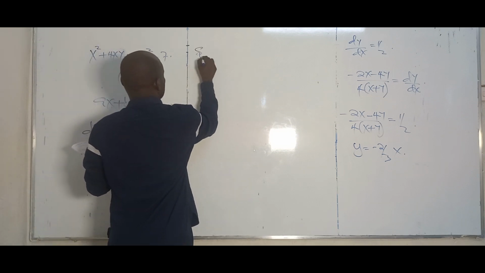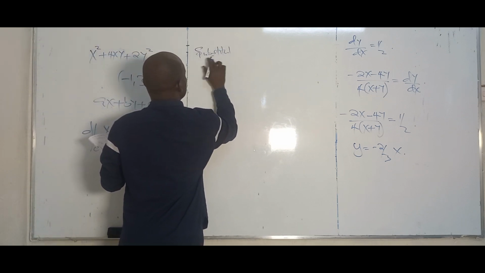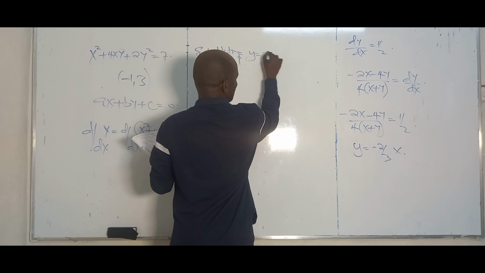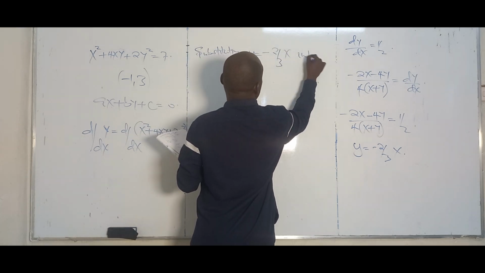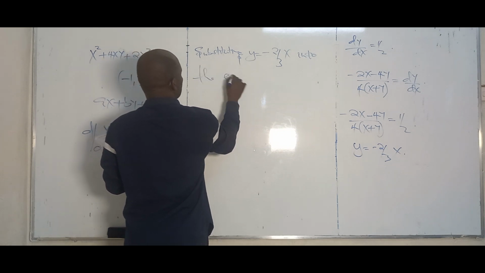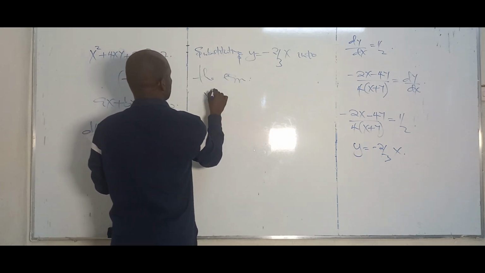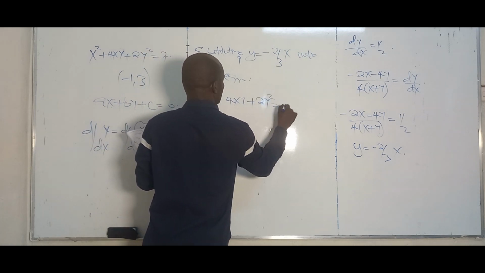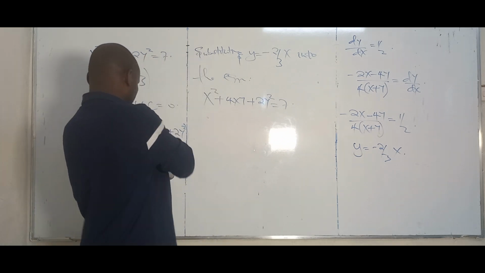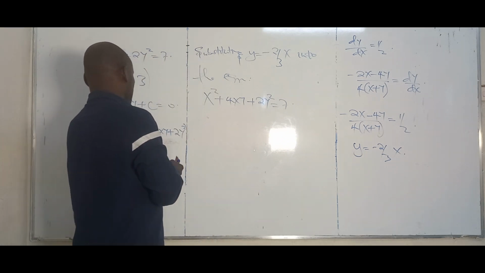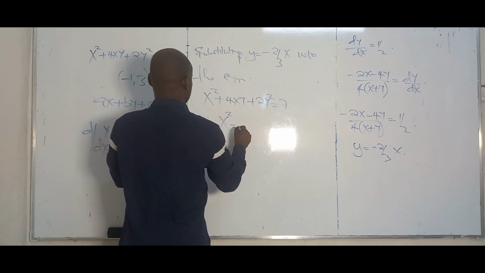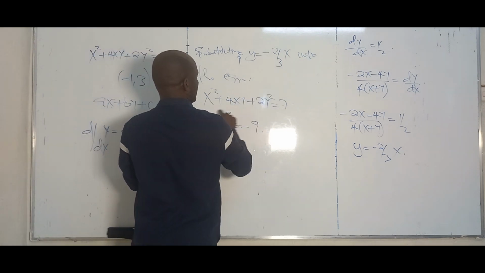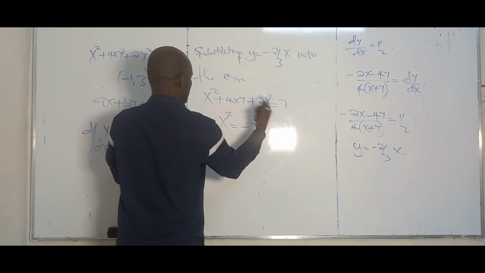So we say substituting y equals minus 2 over 3 x into the equation x squared plus 4xy plus 2y squared is equal to 7, we obtain x squared is equal to minus 9.